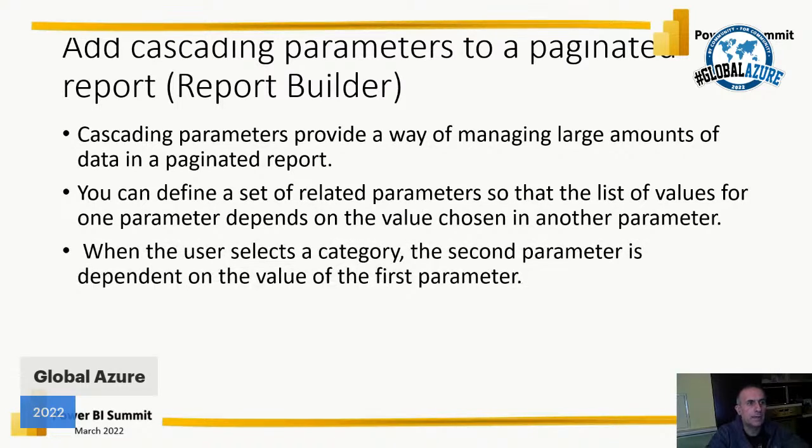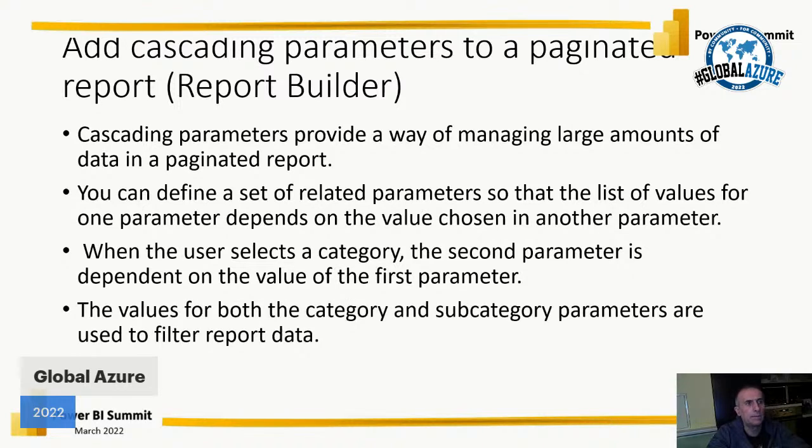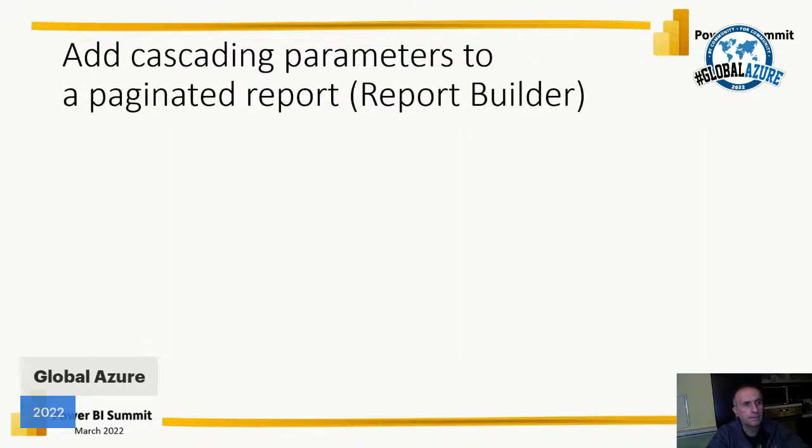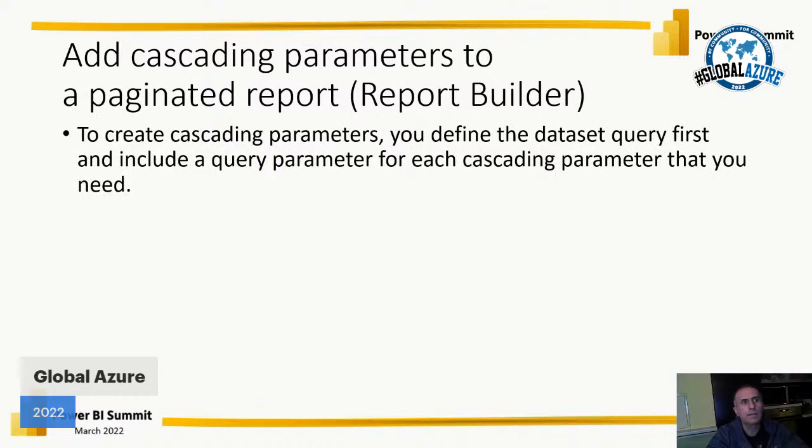The main idea in this approach is that when we select some category using parameters, the next parameters depend on the value of the previous parameters. Values from both category and subcategory parameters are used to filter the report data. There are several things we need for adding cascading parameters to a paginated report.